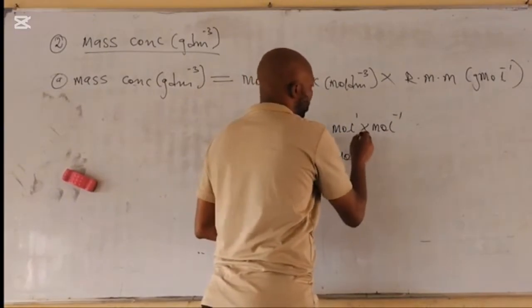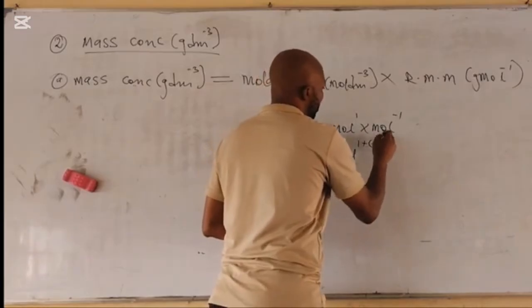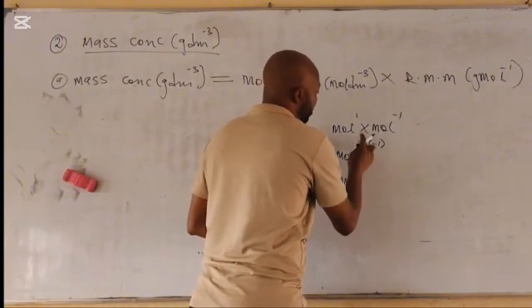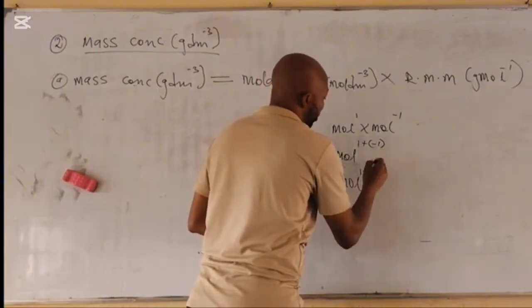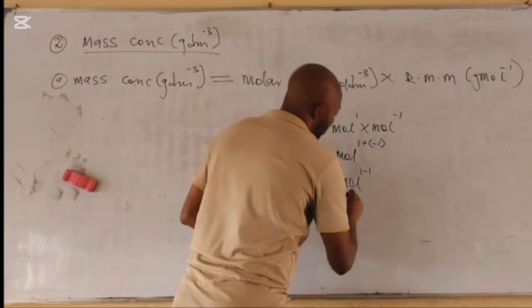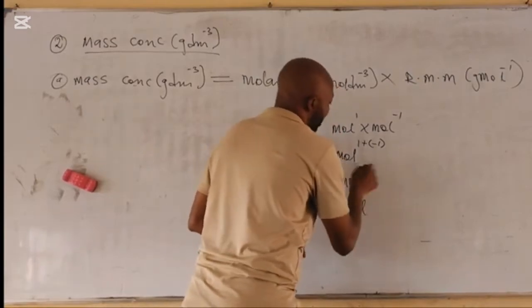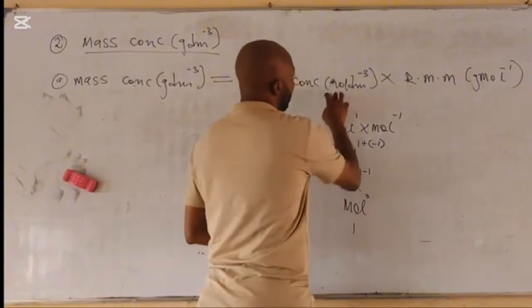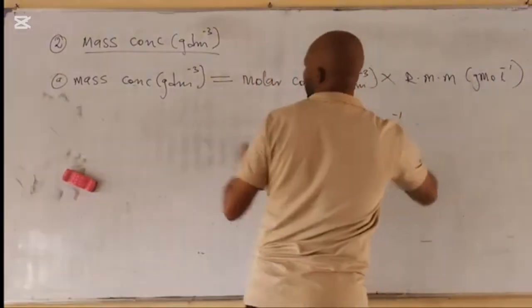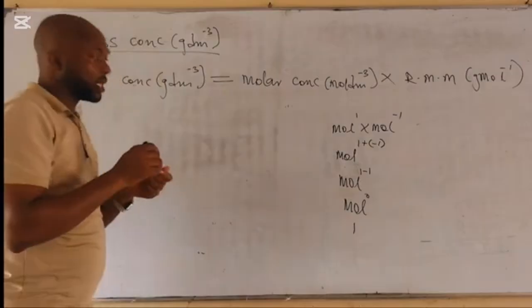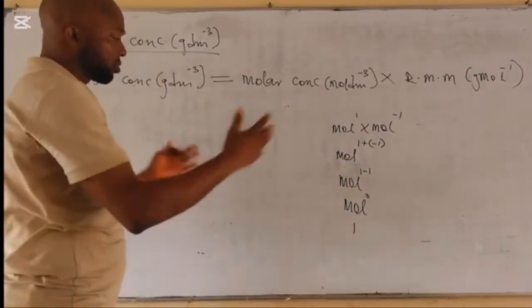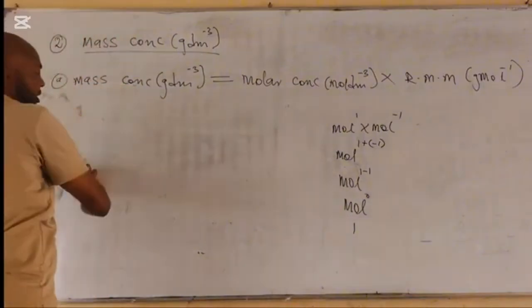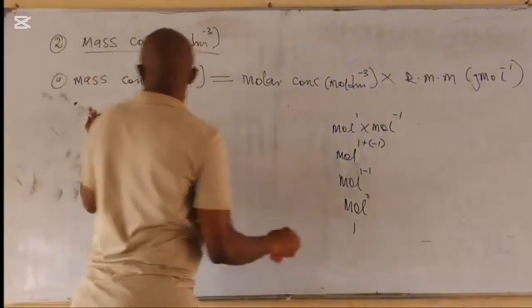Mole raised to the power 1 plus minus 1 gives mole raised to the power 0. Anything raised to the power 0 is 1. Then 1 times the g per dm cube gives you your g per dm cube. So from the unit, you know you are right. So we have our first formula for mass concentration.